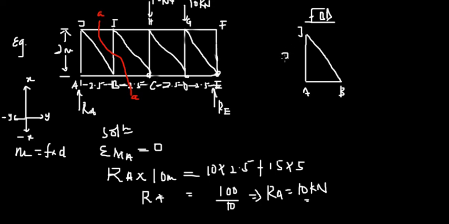Very important. And we have 2 meters, okay? And then we have 2.5 meters over here. So A to B, and then AJ, okay?